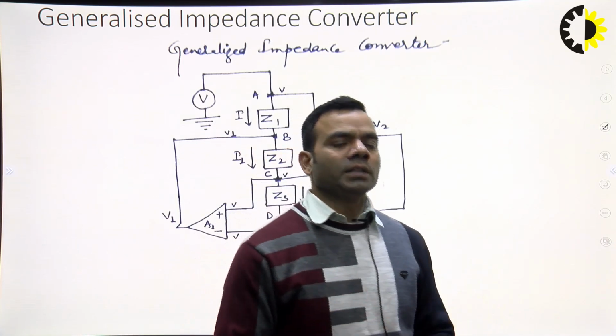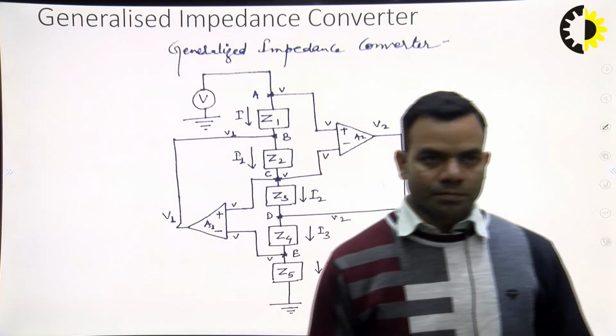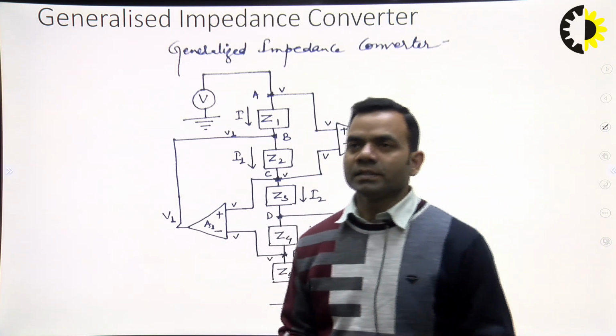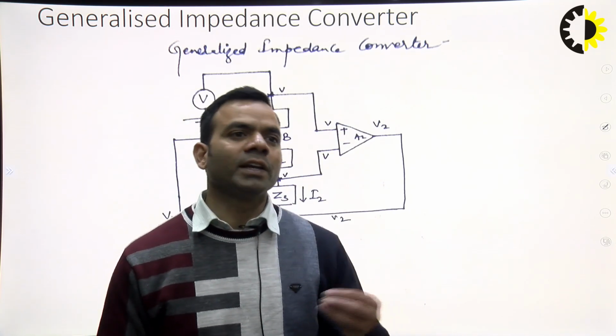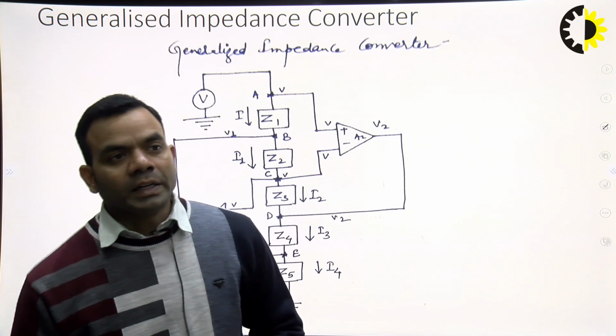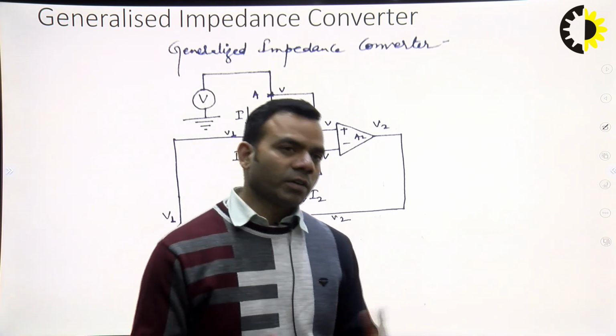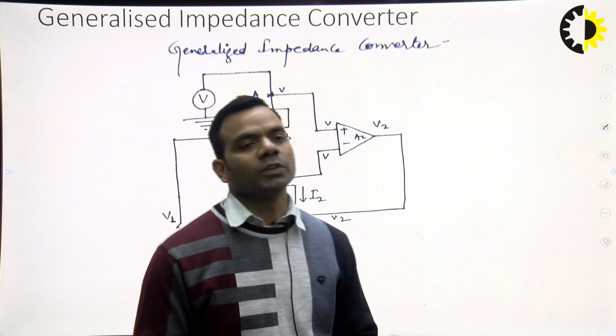You can obtain impedance of any value, you can obtain resistance of any value, you can obtain capacitance of any value, you can obtain inductance of any value, whatever value is desired or whatever value is required.